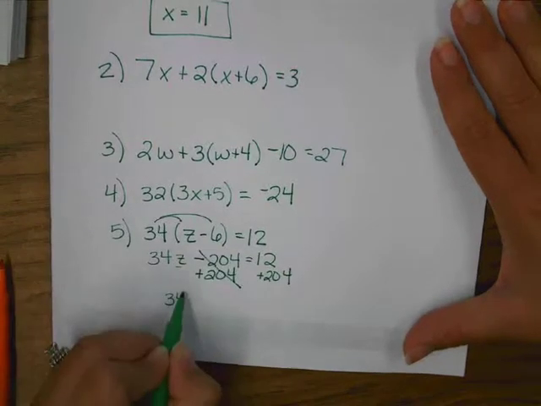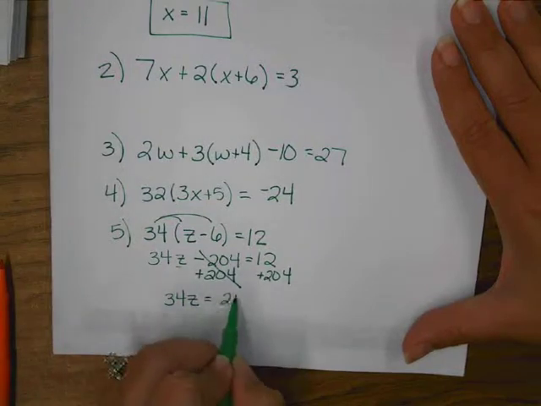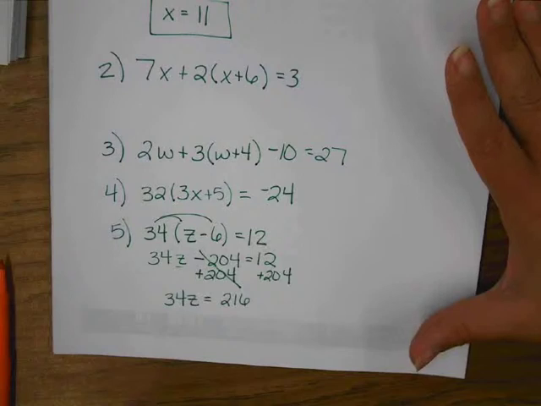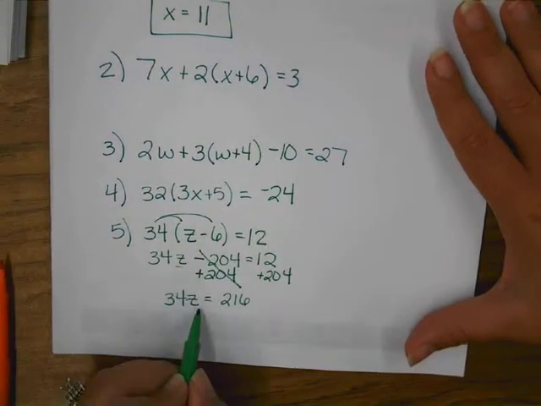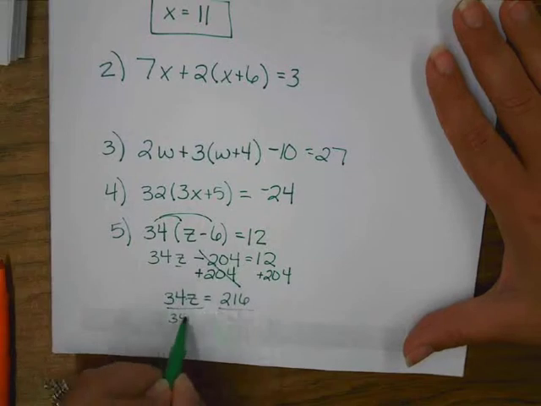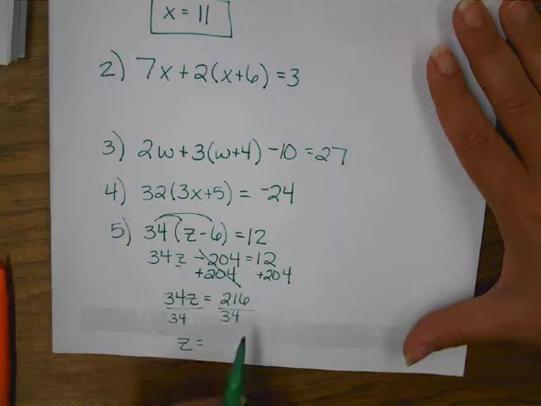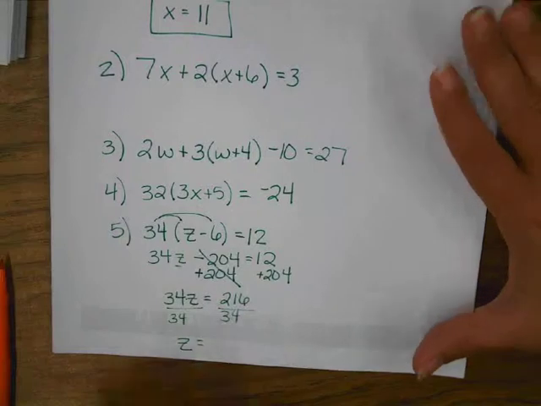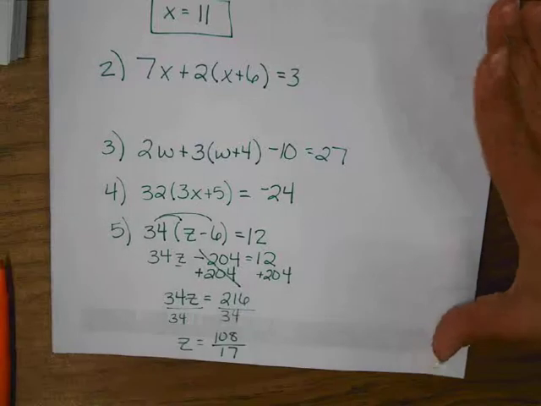So we've got 34z equals 12 plus 204 is 216. As you can see, between 34 and z, they are multiplying. To undo multiplying, we will divide both sides by 34. So z equals 216 divided by 34, which does reduce down to 108 over 17.